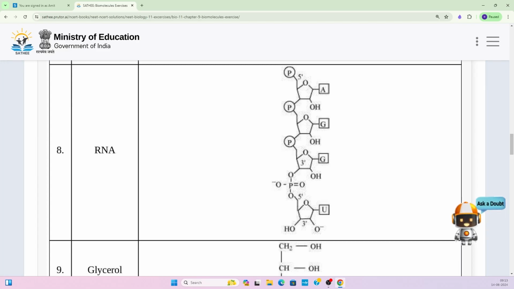Now you can see adenine, guanine, and uracil. In the case of thymine, you can see here the uracil instead of thymine. So if it is A here, then its complementary will be U.